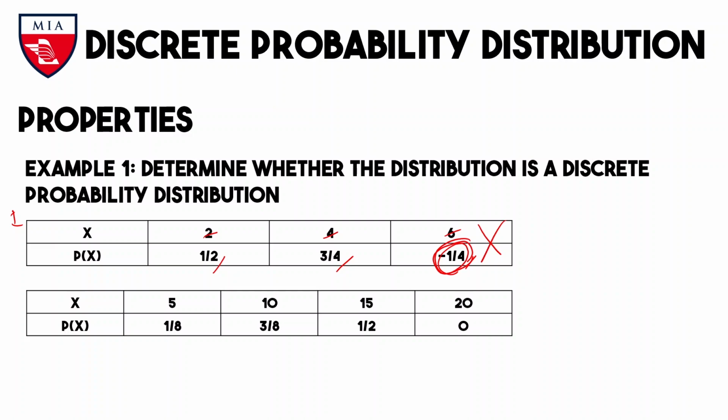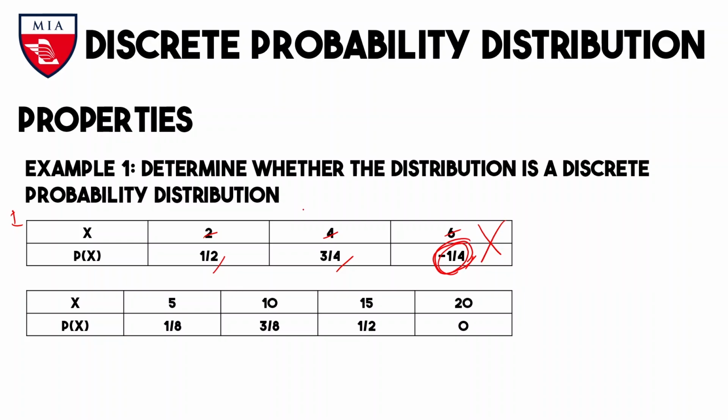Always remember, class, if there is a negative value in a distribution table, automatically it is not a discrete probability distribution.